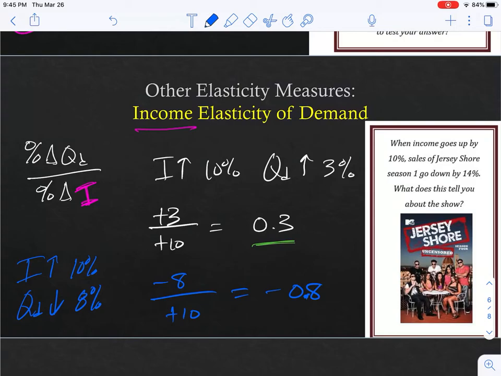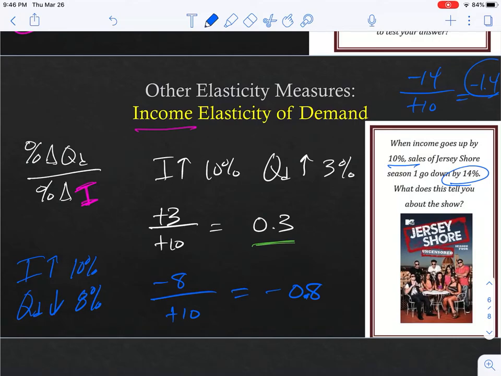So here's my example off on the side. If income goes up by 10% and sales of Jersey Shore Season 1 go down by 14%, what does that tell you about the show? Well, you can calculate income elasticity of demand. Income went up by 10%, sales of Jersey Shore Season 1 go down by 14%, so you get a minus 1.4.